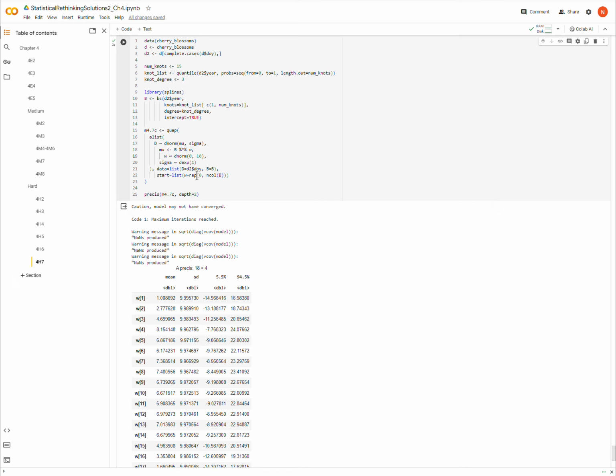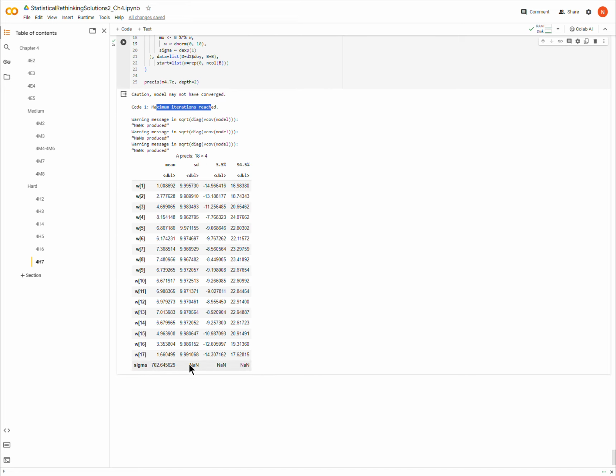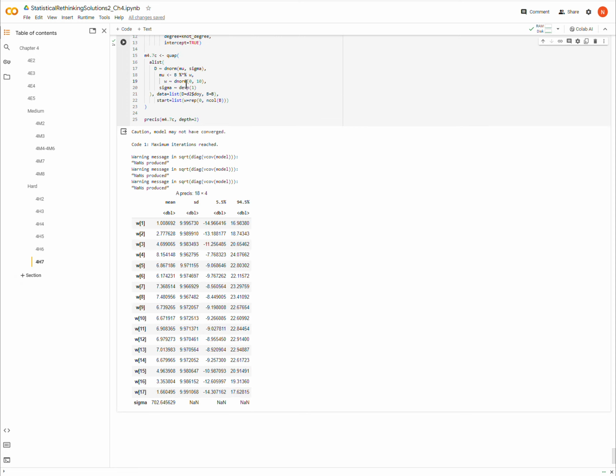When the model runs, there's a little bit of a stochastic process, but generally you'll get a warning such as the model may not have converged, that maximum iterations have been reached, and several others. Basically what this is saying is that, yeah, we got estimates, but they may not be that good. And in fact, you see another warning sign here, which is that we have NaN values for sigma.